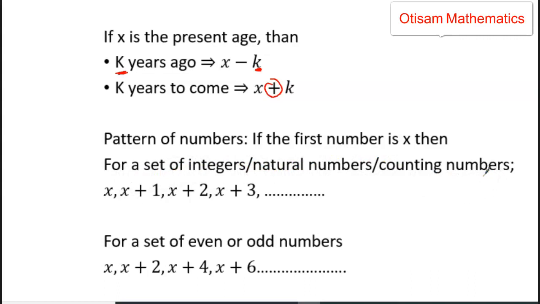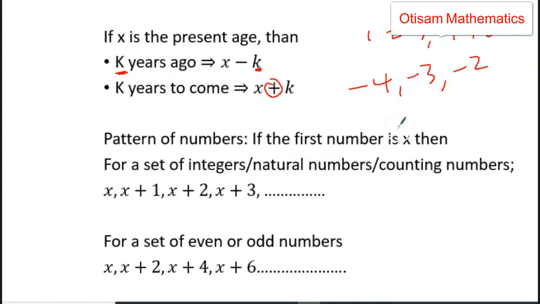Because a set of integers, the difference is 1. Natural numbers, the difference is 1. For example, integers 1, 2, 3, 4, 5. You realize that the difference is 1. Integers could also be negative: minus 4, minus 3, minus 2. This one too, the difference is 1.